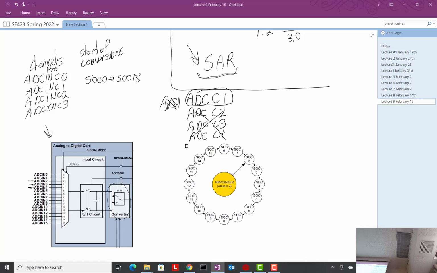When I'm talking about an interrupt and I say ADC C1, do not think that is the interrupt that occurs when just channel 1 is converted. That's what's confusing about that labeling. But it's one of 4 interrupts that are possibly to be generated. What's going on with this ADC? Again, I keep on coming back to 3-phase motor control. That's what this chip is designed for.